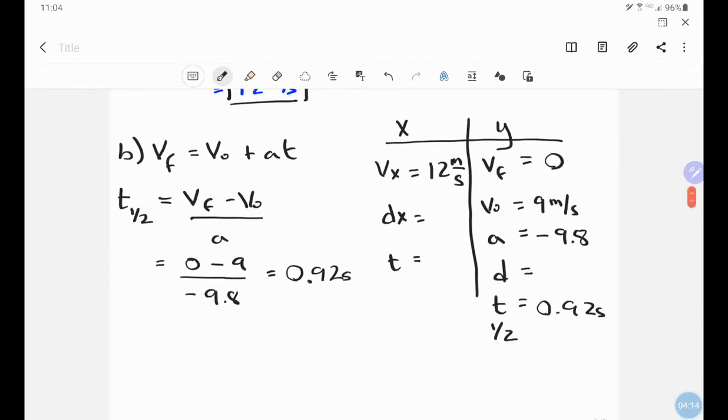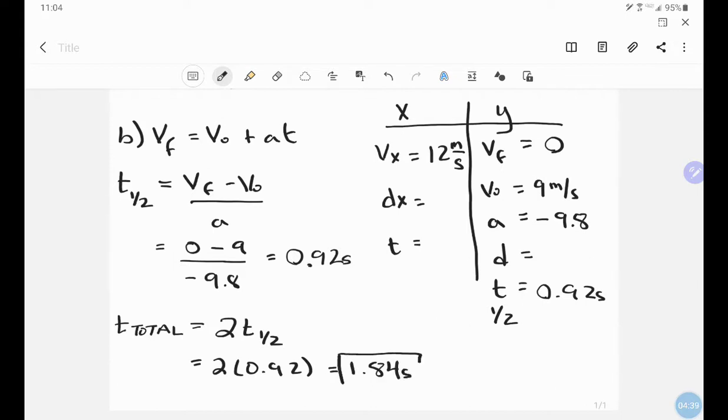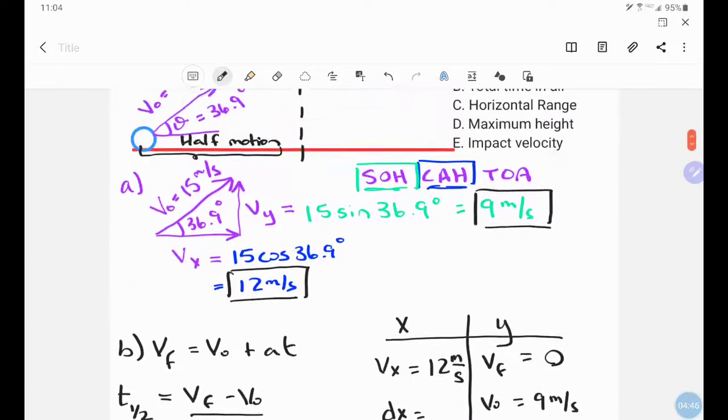Now, to get total time, that is the total time of motion. If I have half the time, the total time is just 2 times the half time. So that is 2 times 0.92, 1.84 seconds. Like so. Right, that's part B out of the way.